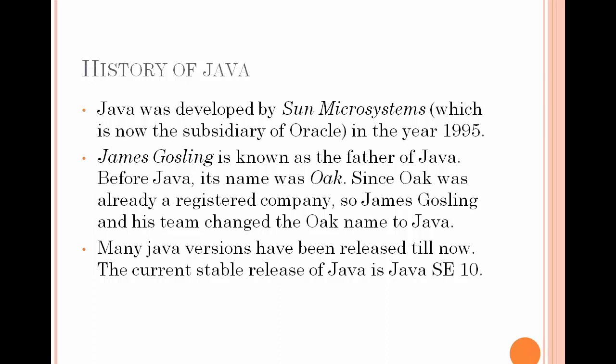Initially the design was for small embedded systems in electronic appliances like set-top boxes. Java was originally designed for interactive television, but it was too advanced for the digital cable television industry at that time.